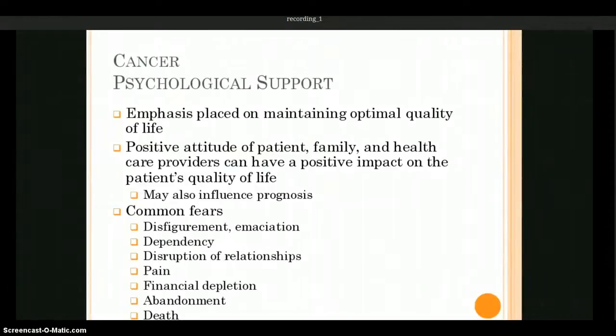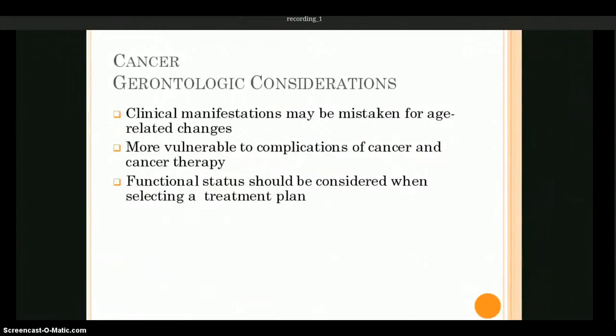We're moving to the last slide. From a gerontological standpoint, sometimes what happens is that some of the clinical manifestations associated with the cancer are mistaken for age-related changes, and we see this across lots of different disease processes, okay? Patients who are elderly are more vulnerable to the complications of cancer and cancer therapy.